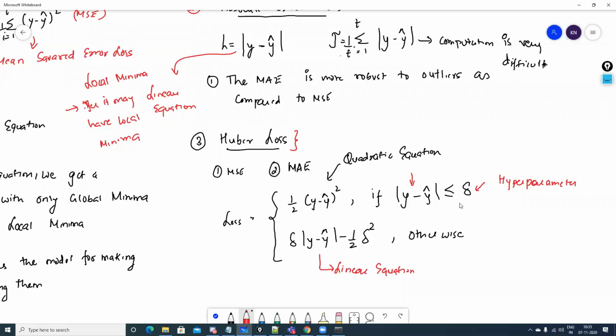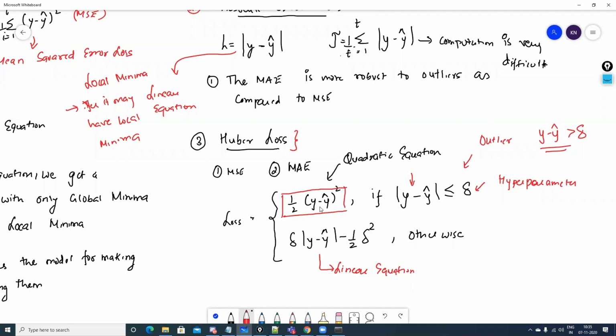Less than or equal to delta. Suppose I have an outlier, obviously when I'm trying to compute y minus y hat, it will be greater than this particular delta. This delta will be some value, right? But since the outlier is there, this difference is going to become huge, right? But if it is not an outlier, then we are going to simply use this mean squared error.